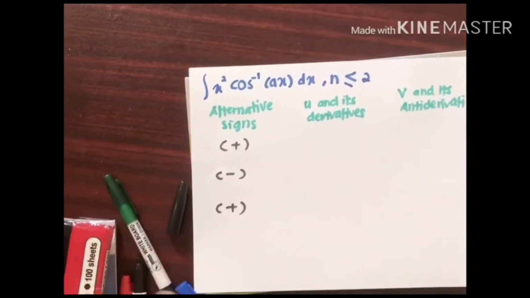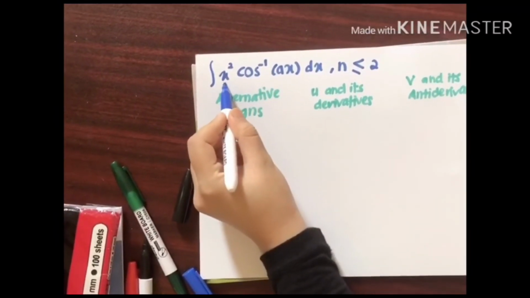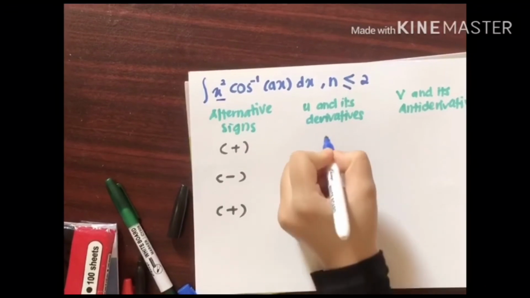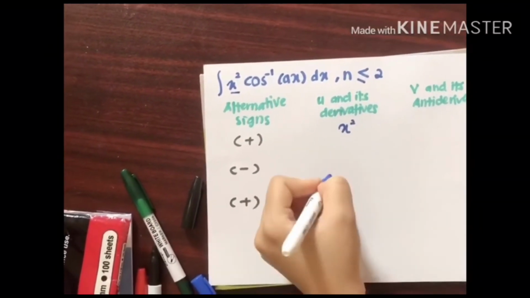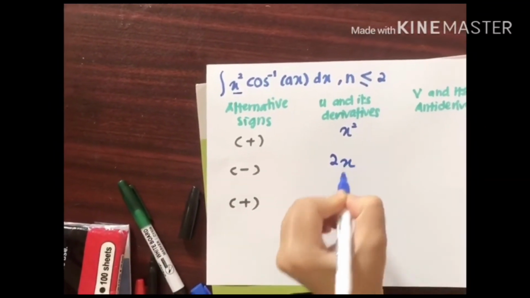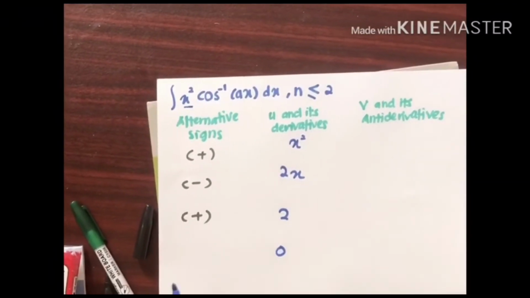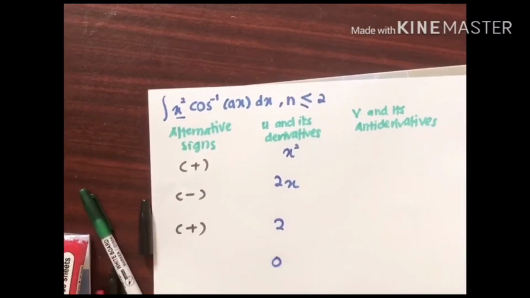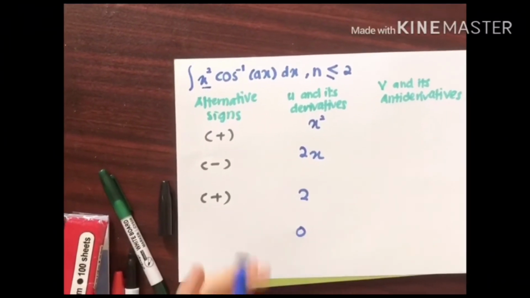So the u, we will take x to the power of 2 as u, so x2. After we differentiate, we will get 2x, and this we will get to 0. You should take the derivative until you get 0.